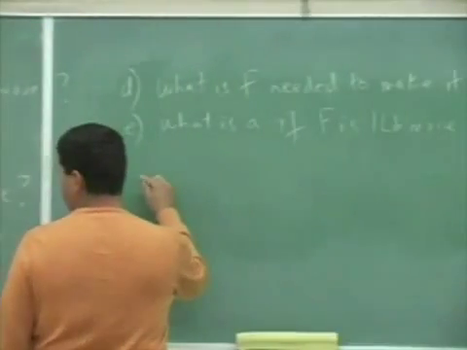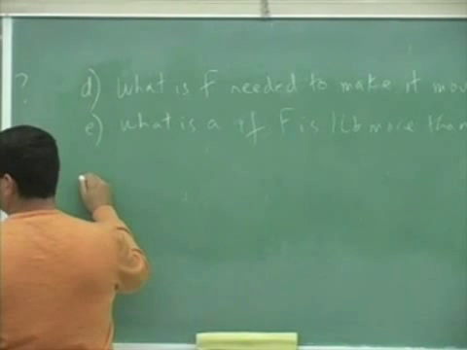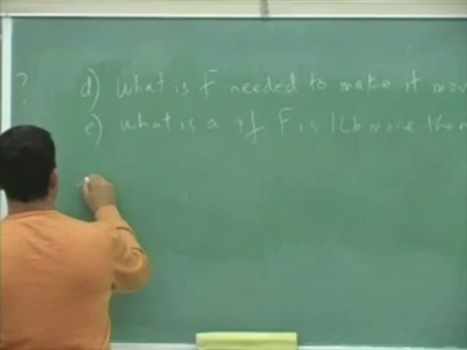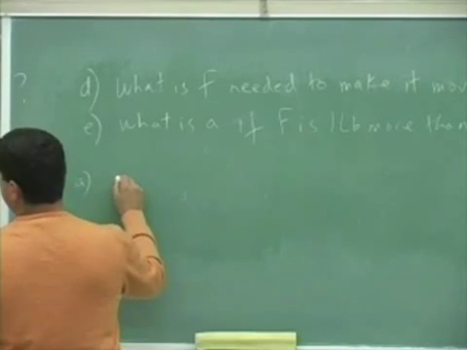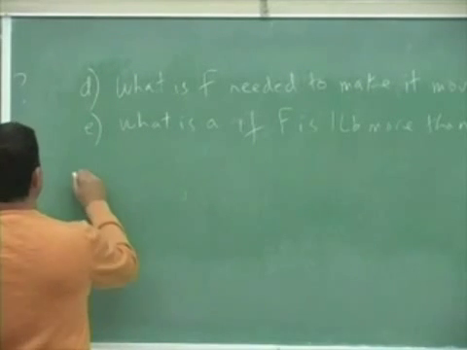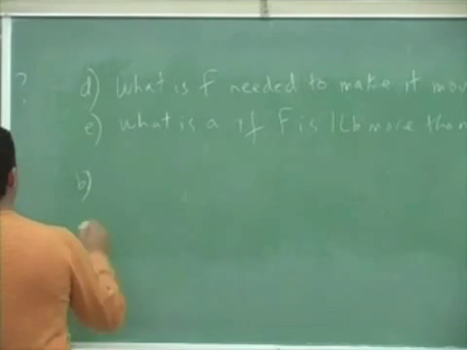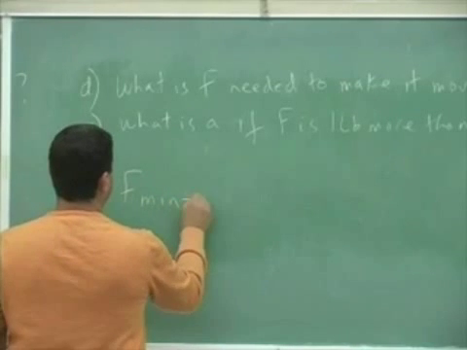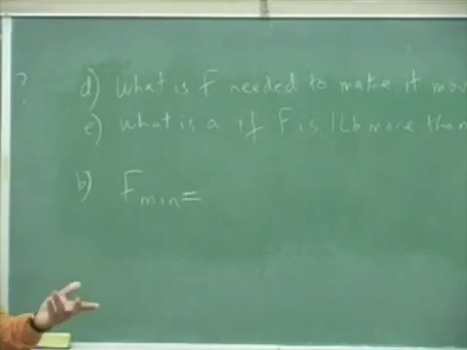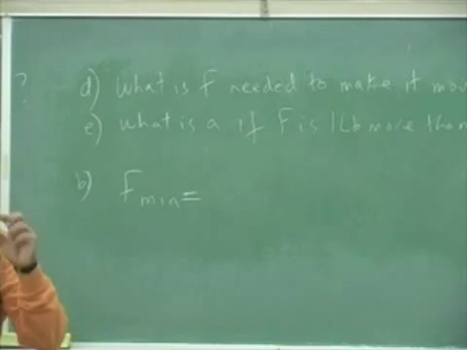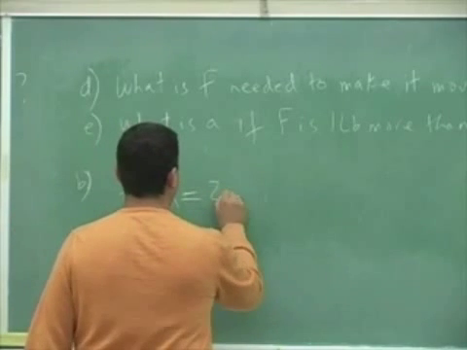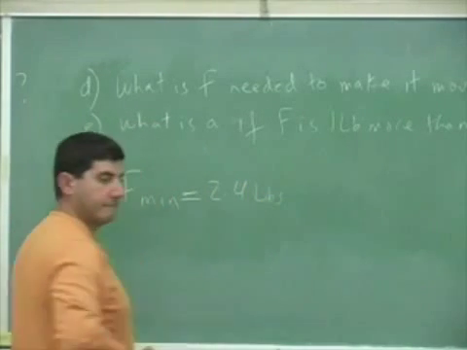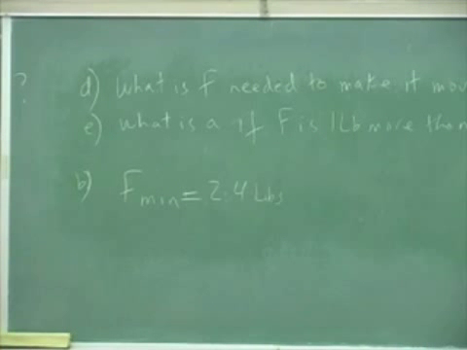So, sorry, we're answering part B first. What is F min? F min is equal to 2.4 pounds. If you go a little more than 2.4, the thing will move. Okay? So now we can go back to part A.